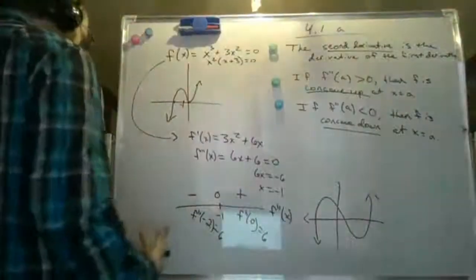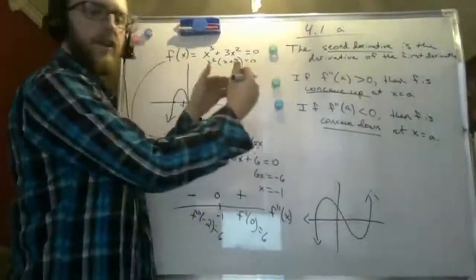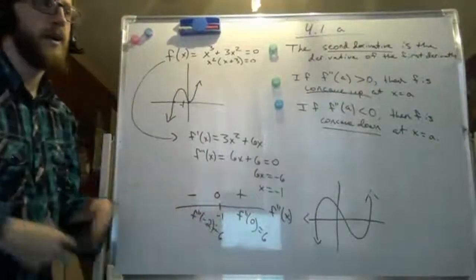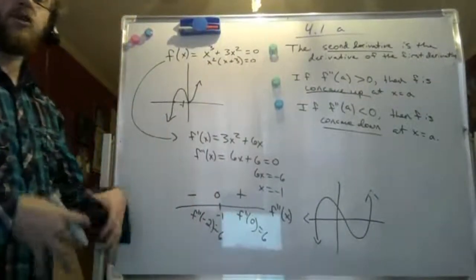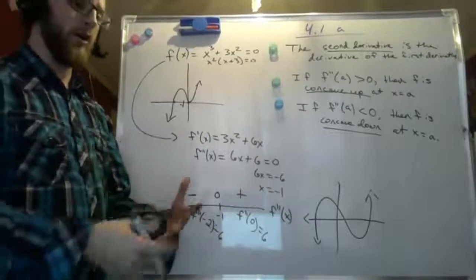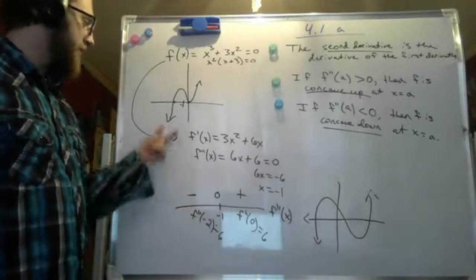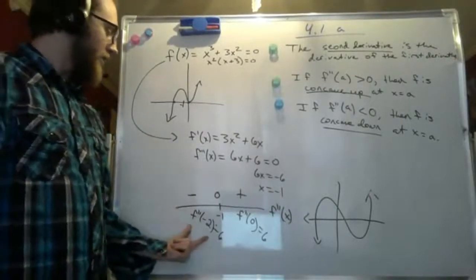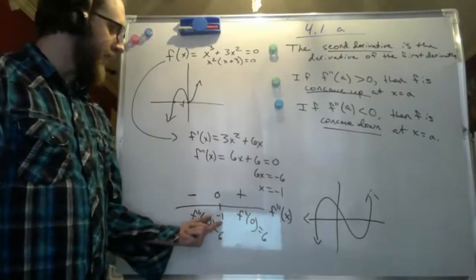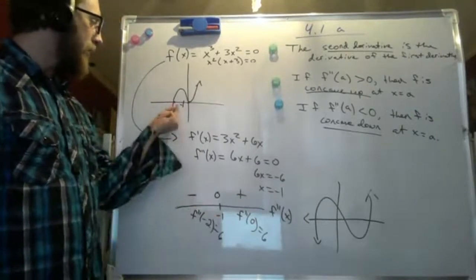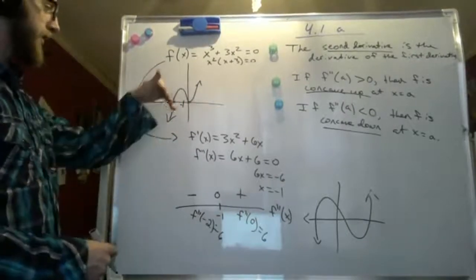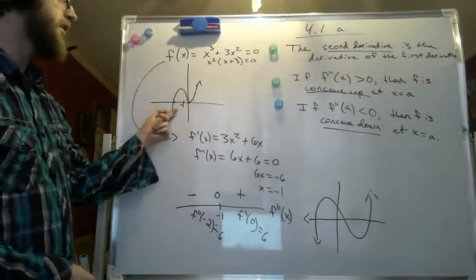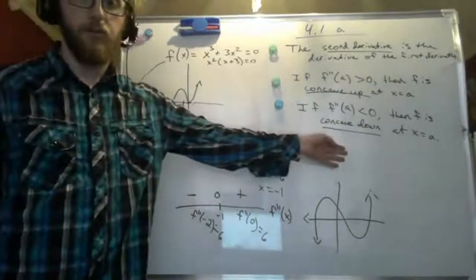And what does it mean to be concave down? That means you've got an upside down U shape. It's like an upside down bowl. If I were to pour water over it, it would not hold water. It would just pour off. And from this example, we saw that it was negative for values of x less than -1. We can see from the picture here that from here downwards, the curve is shaped downward. And so we call this concave down.